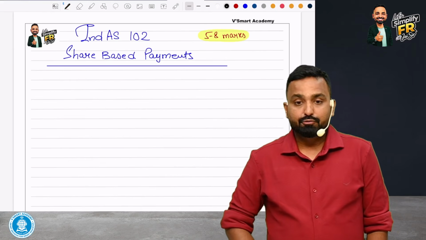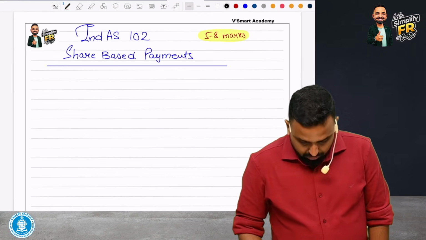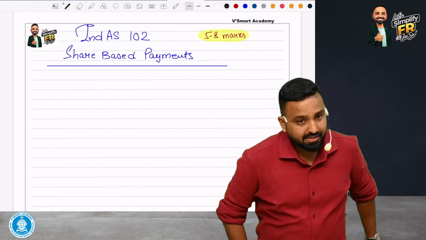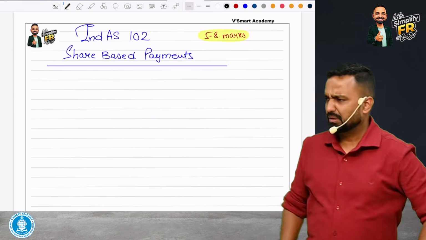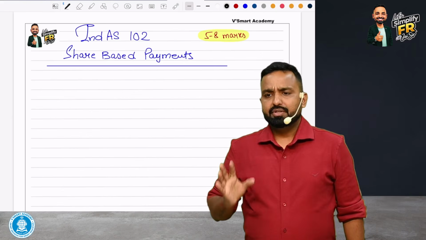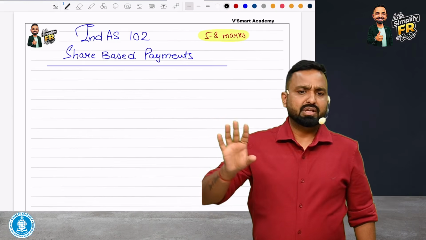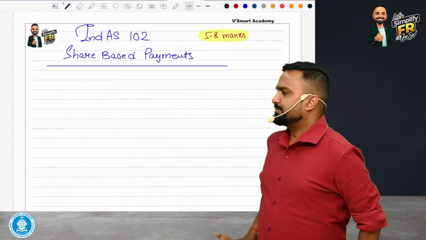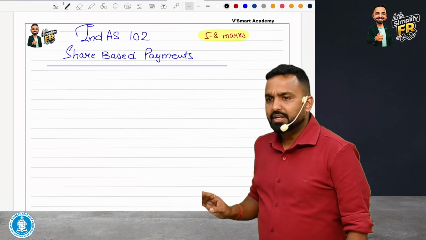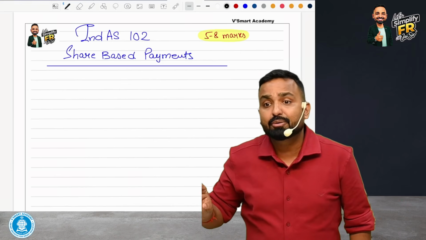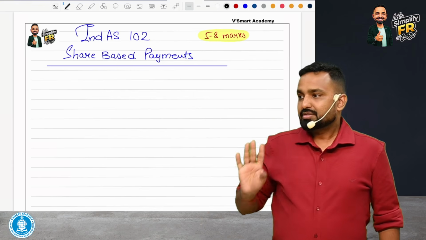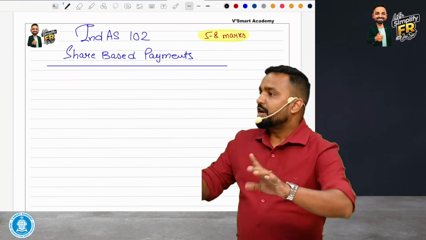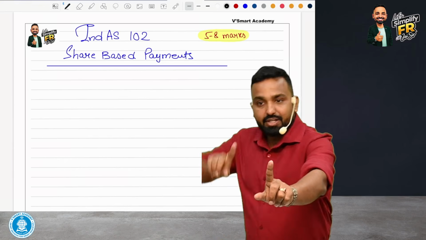So let's focus on understanding first. Guys, share based payment, very simple. Any payment you are making to someone in the form of shares is called share based payment. I said, in the form of shares, your own company's share, mind it, not any other company's share.